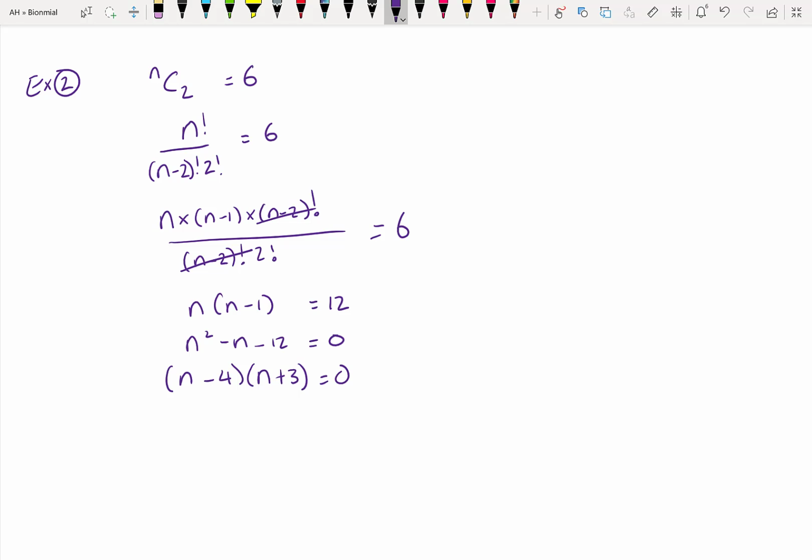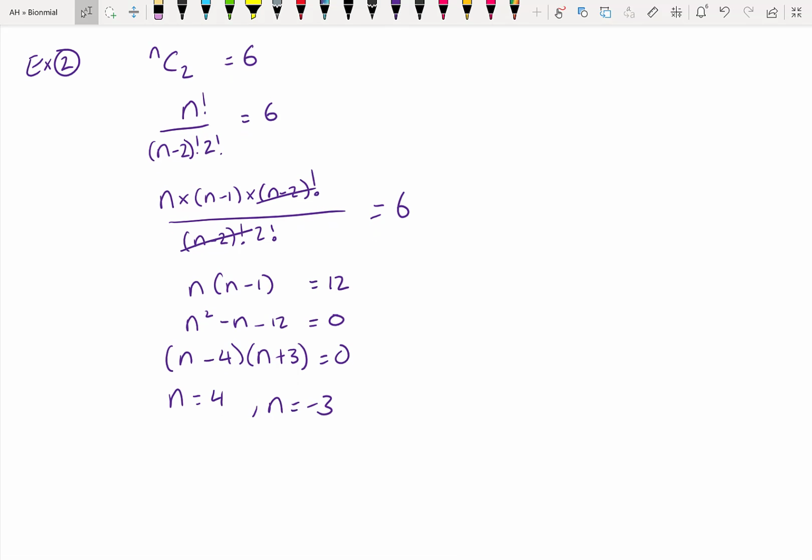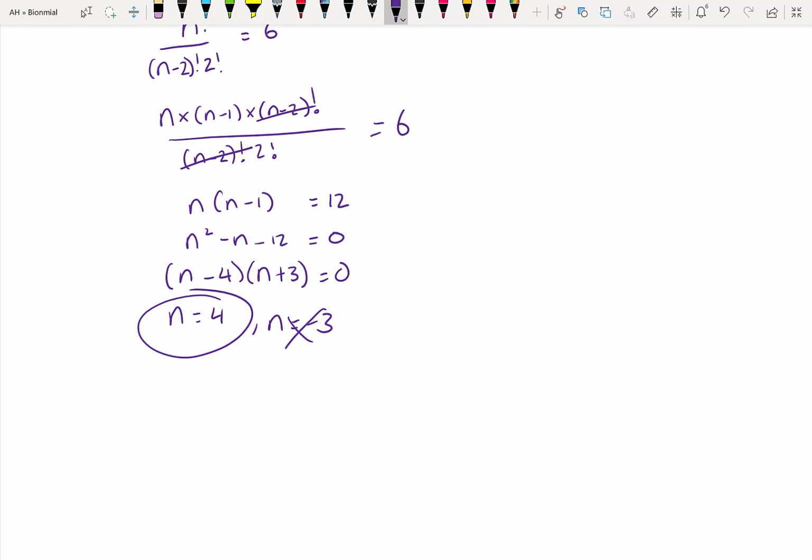That gives me my 2 options for n: 4 or minus 3. So my answer here is n equals 4. It can't be n equals minus 3, because that isn't a suitable answer. We couldn't have a pool of minus 3 things to choose from.